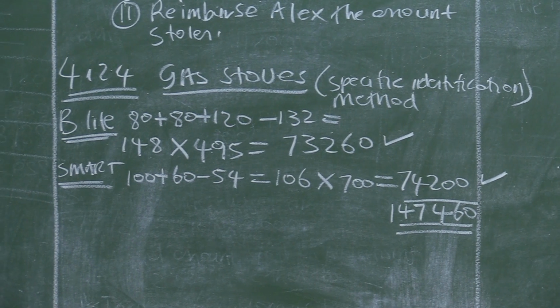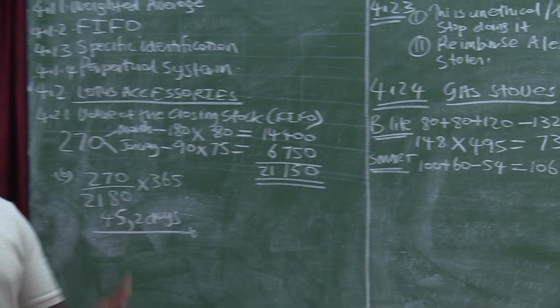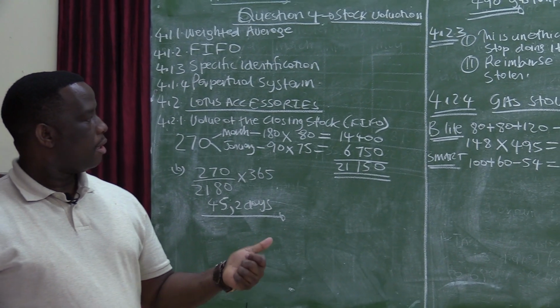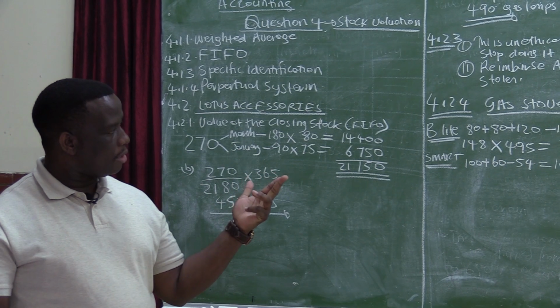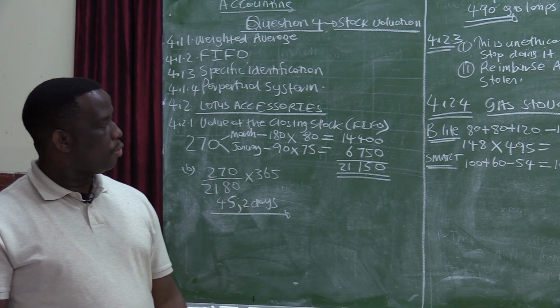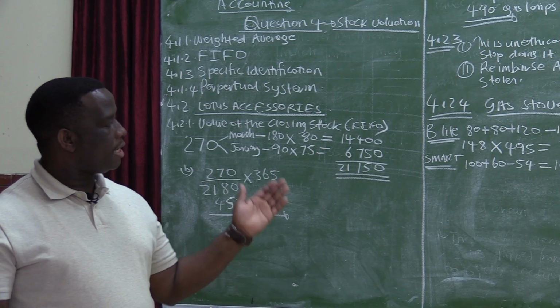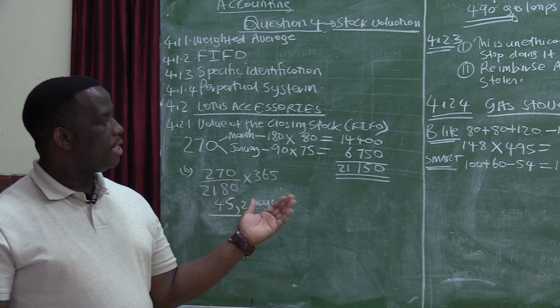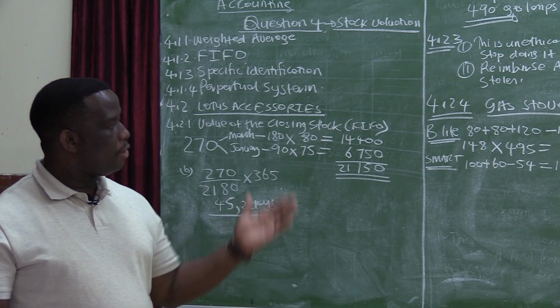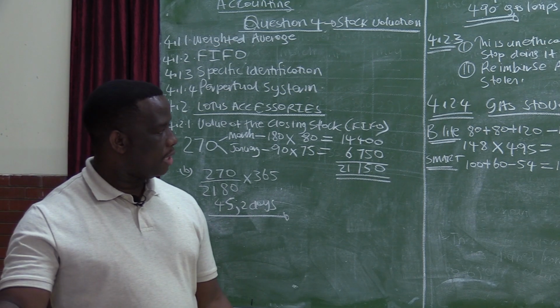You just go straight to information. You start with the B light. You purchase 80, another 80, and another 120. And you sold 132. So you are left with 148. And how much does each cost? It cost 495. So the value of the closing stock for 148 is 73,260.